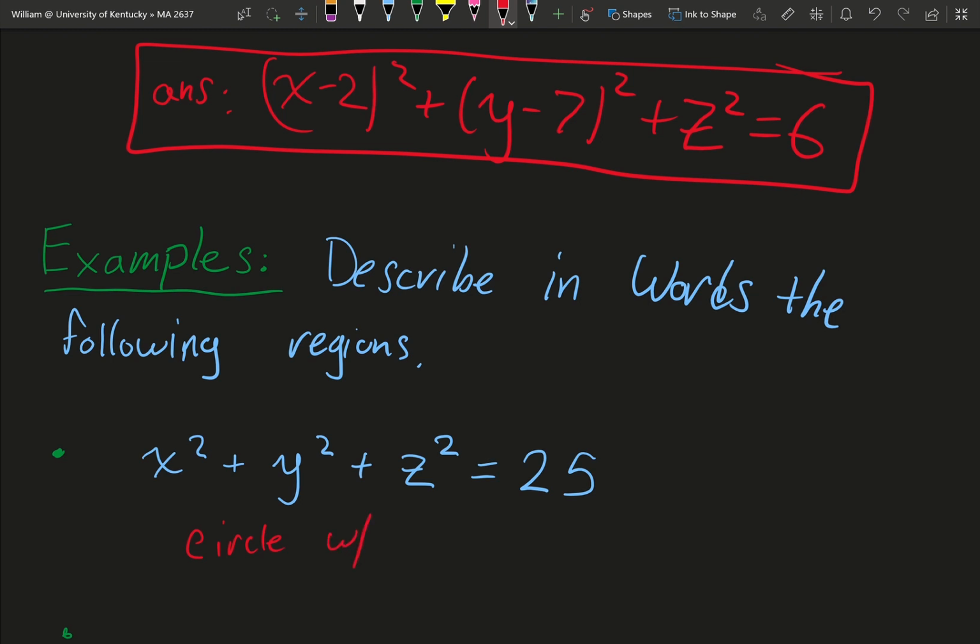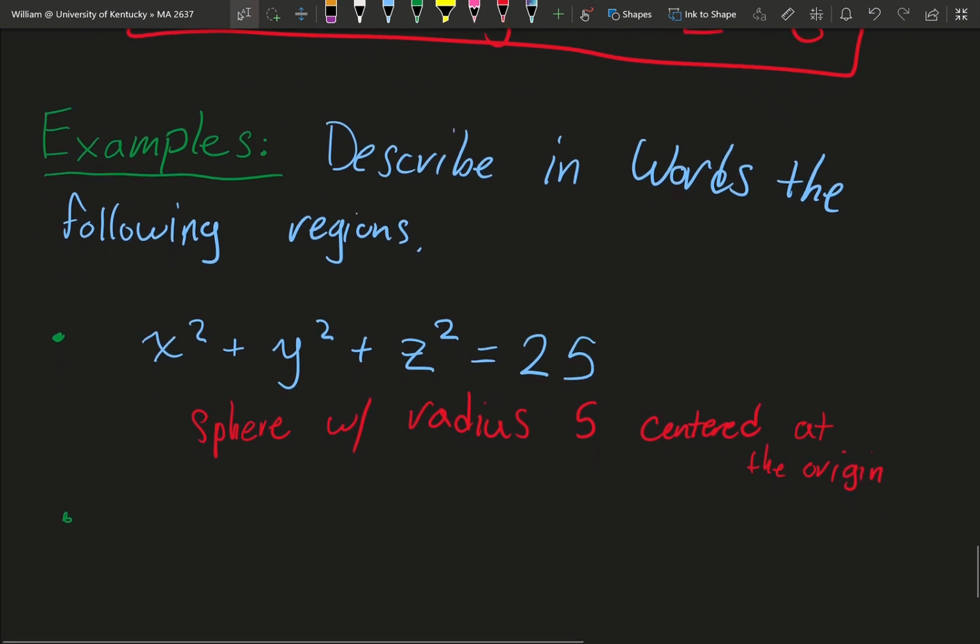Or I'm sorry, not a circle, a sphere with radius 5 centered at 0, or at the origin. Okay.